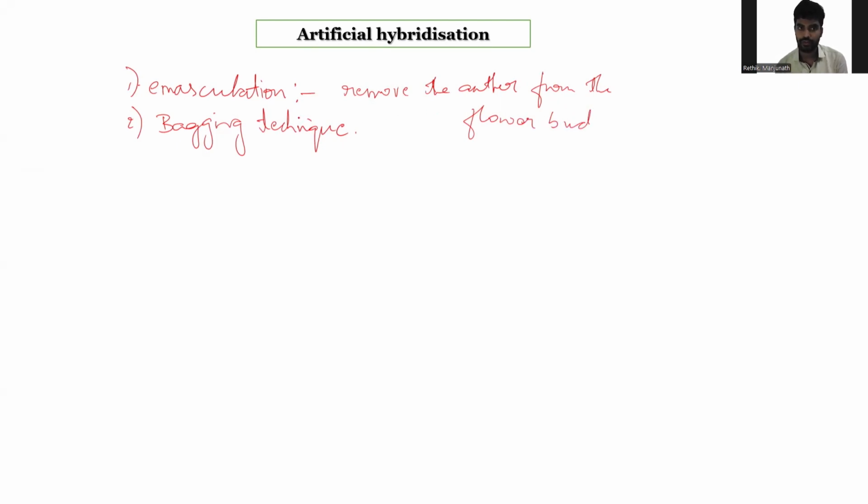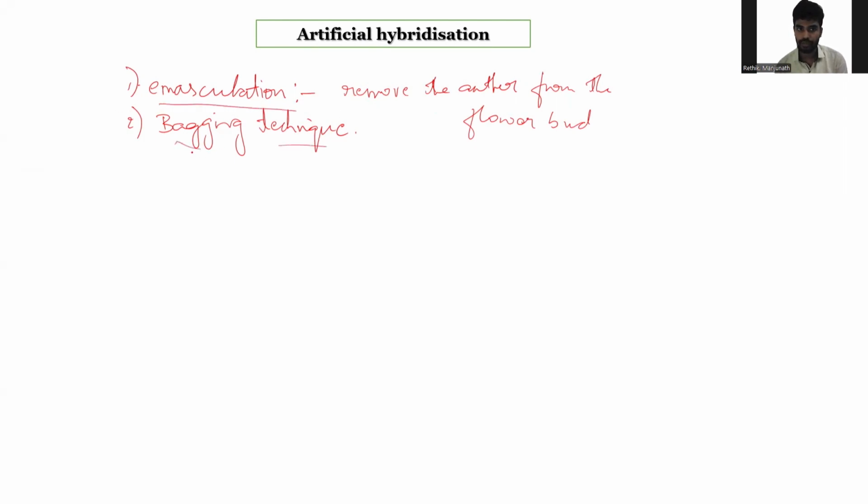So that is achieved by emasculation. Now the anther, that is the male reproductive part, has been removed and you are left with only the female reproductive part. This is done with the help of a pair of forceps. So this is called emasculation. I think this is clear, what emasculation is.